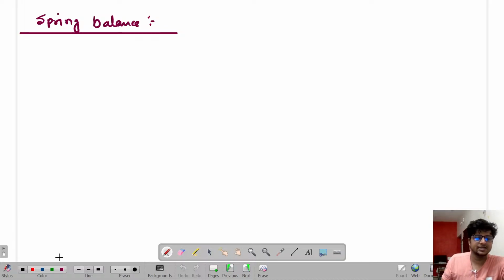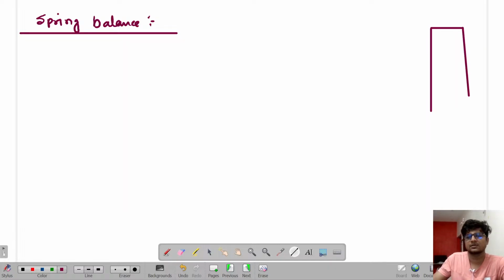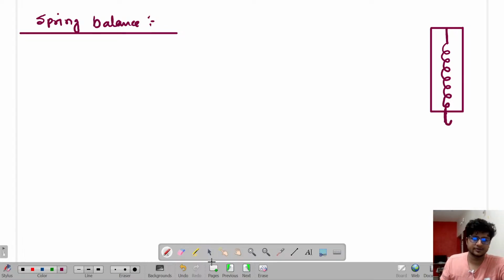Now, the second idea is a spring balance. When you consider a spring balance, what is the nature of a spring balance? Let's suppose I consider any spring balance. See, in a spring balance there is a spring, and this spring is attached with a hook over here, and on this hook we attach the masses, correct?